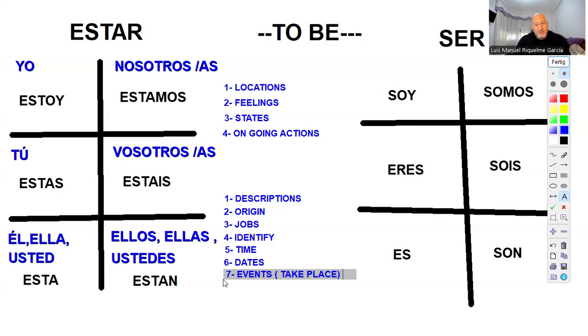After this lesson, I will probably record a practice video where I will make you translate sentences, and all those sentences will be using ser or estar, and you will have to choose along with me. I think it's a good way for you to practice and start choosing for the first time.